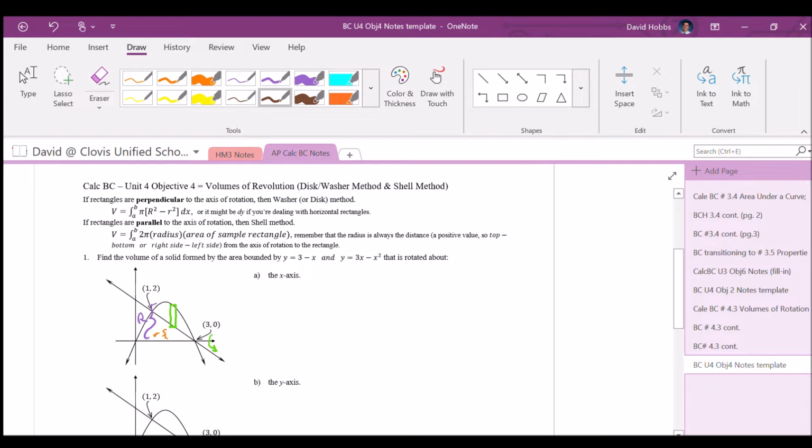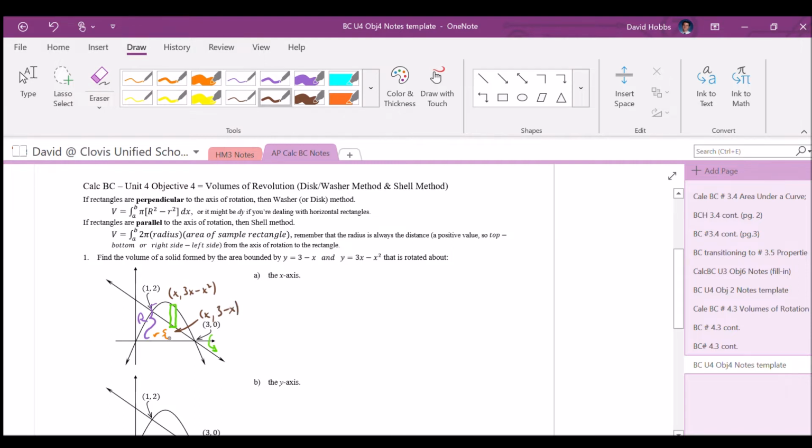And so keeping that in mind, now the rectangle itself, it's little delta x's, because vertical rectangles are little delta x's, so everything's in terms of x's. So the top part of the rectangle is x, comma, the parabola, so 3x minus x squared, and the bottom side of the rectangle is x comma the line, and the line is 3 minus x.